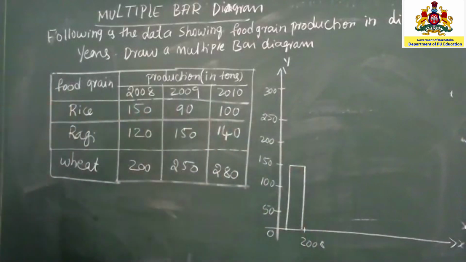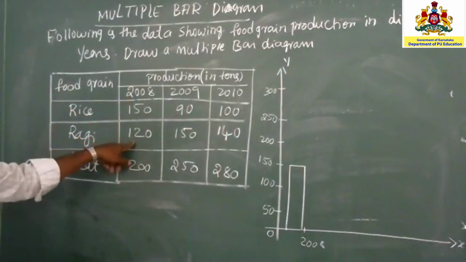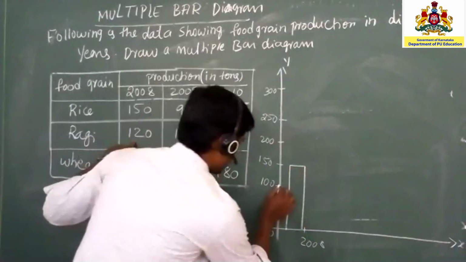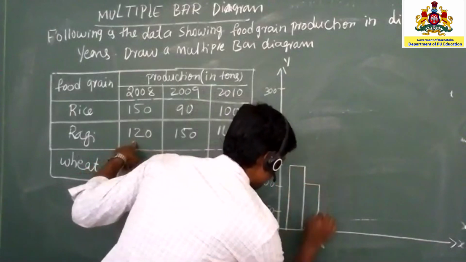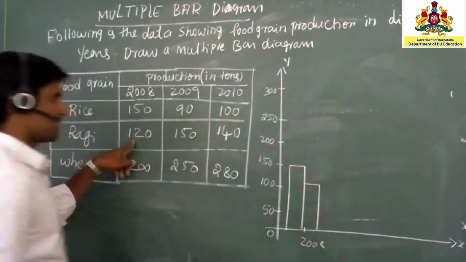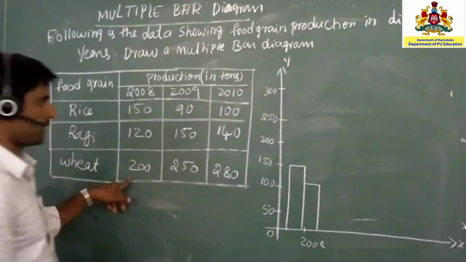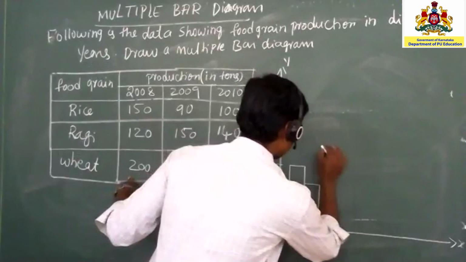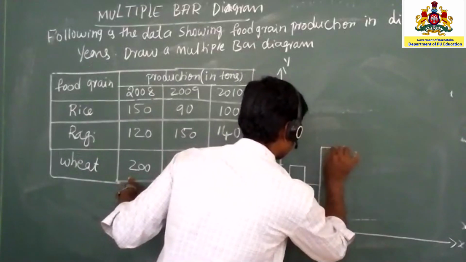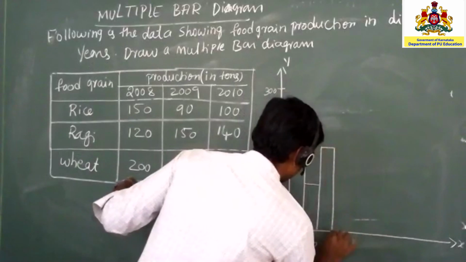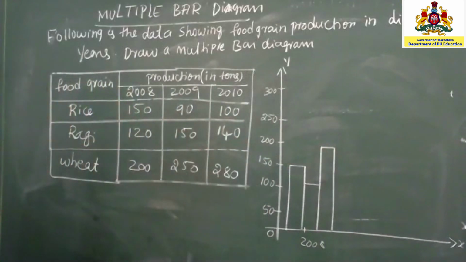Next, in 2008, ragi value is 120, just above 100. The width is also the same between the bars. And the last one, wheat value is 200. So this is for 2008.